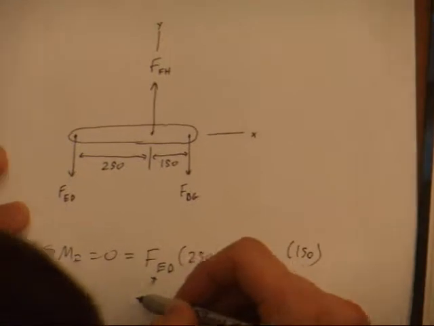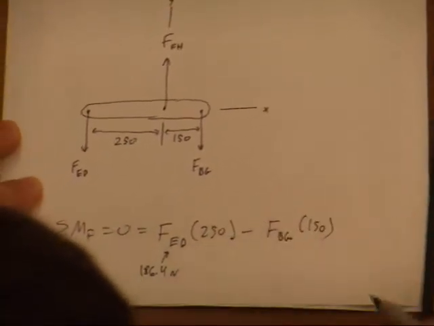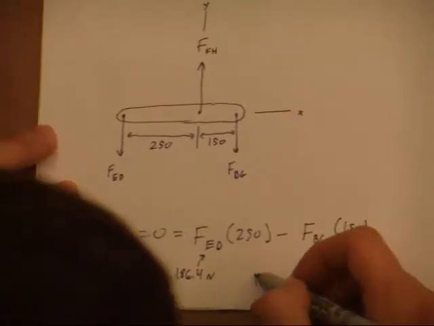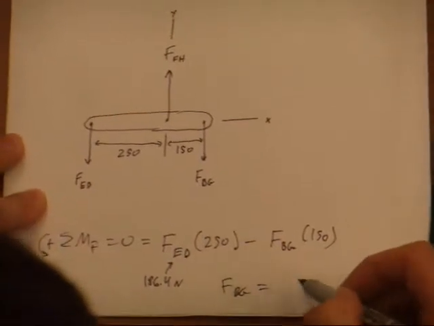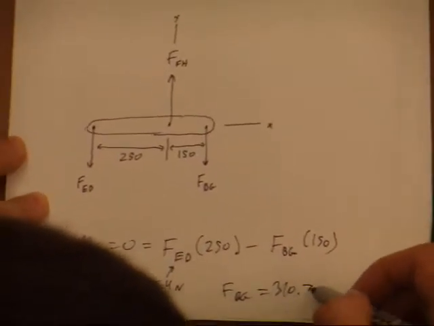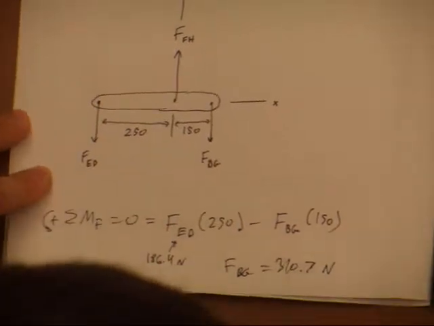We know that F_ED is 186.4 newtons. And when you solve that out, you get F_BG equals 310.7 newtons.